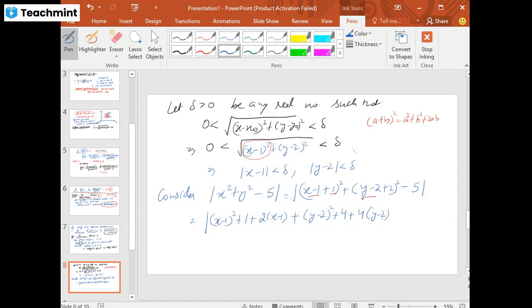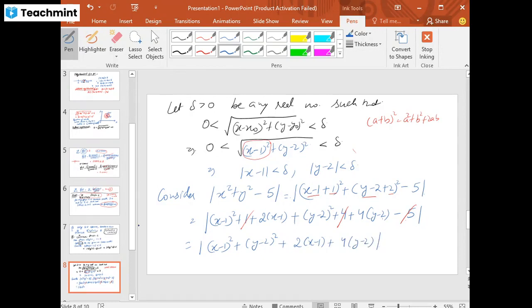What is a? This is y minus 2. What is b? It is 2. A square plus b square plus 2ab. Minus 5. Now here you can see 1 plus 4 is 5, and this 5 and 5 cancel out. If we rewrite this expression again, I can consider it as x minus 1 square plus y minus 2 square plus 2 times x minus 1 plus 4 times y minus 2.